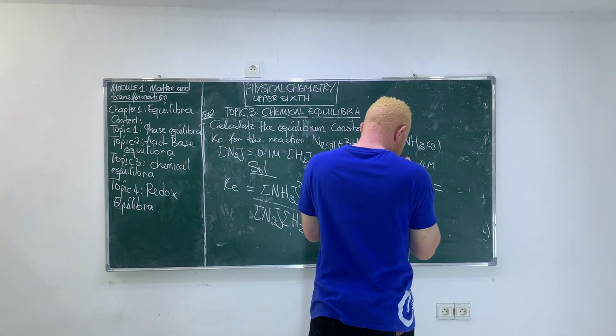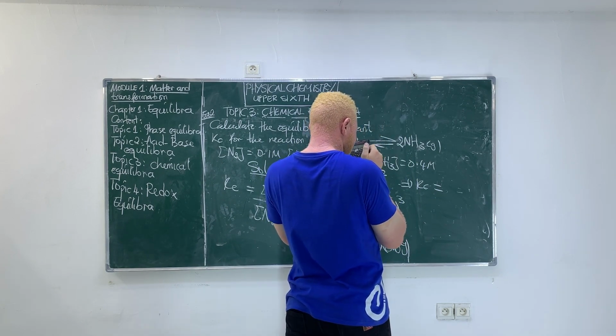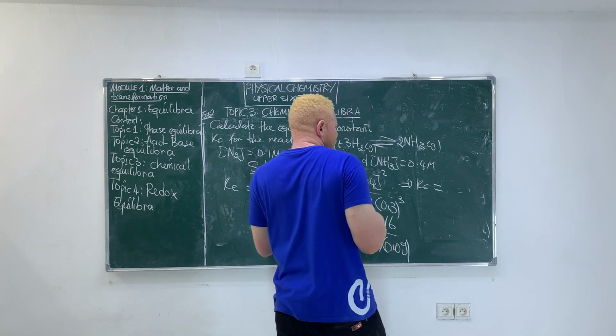So I have 0.16 divided by 0.009, which is 17.7.